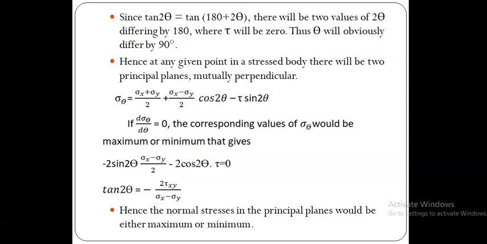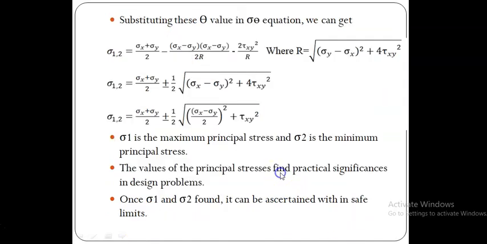Those stresses are called principal stresses. The angle of that principal plane is tan 2 theta equal to minus 2 tau xy divided by sigma x minus sigma y. Hence the normal stresses in the principal plane would be either maximum or minimum. Substituting these theta values in the sigma theta equation, we can get sigma 1 or sigma 2.